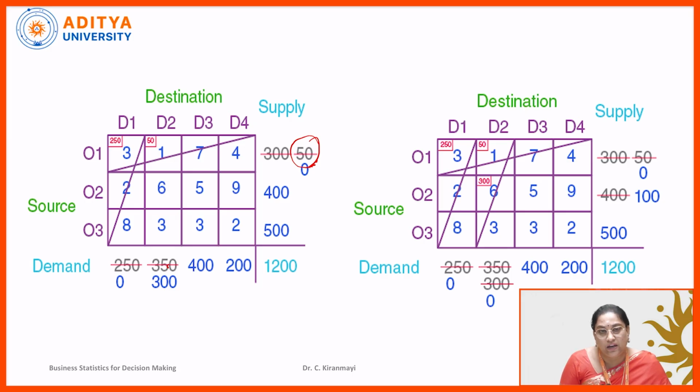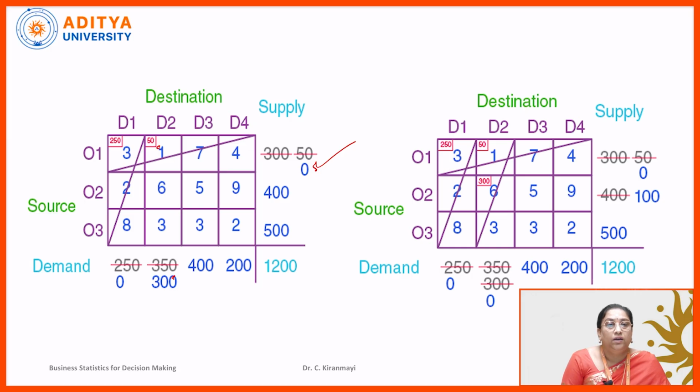Now, 350 we have allocated, therefore, strike off 350. So, from origin 1, 300 units are to be supplied, 250 plus 50, 300 is over. Now, 0 units are left over for supply from origin 1. And for destination 2, 350 units are required.